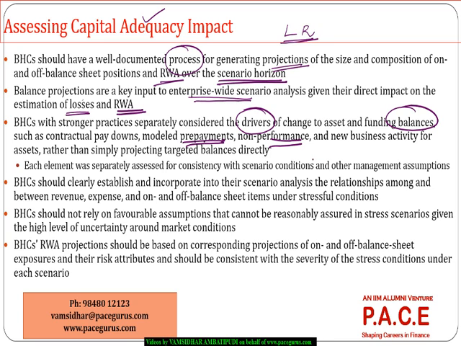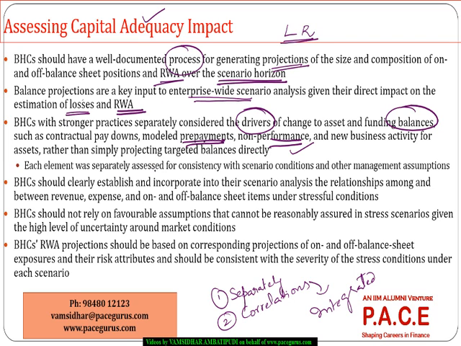They are all looked at separately in isolation, and along with that they also look at the correlation that exists between each of these things. So they are looked at on an integrated basis rather than simply projecting the targeted balances directly, because in that case there would be a very high projection. Each element is assessed for consistency with the scenario condition and other assumptions.